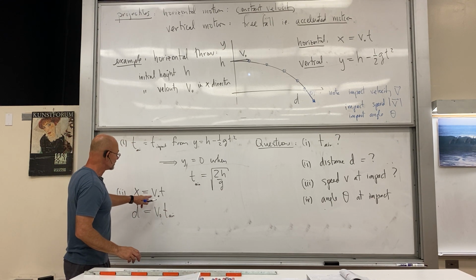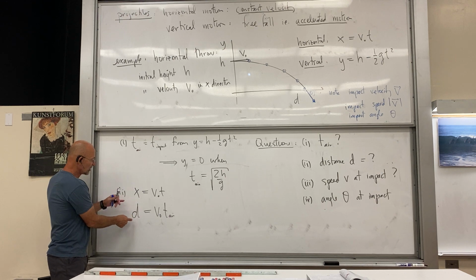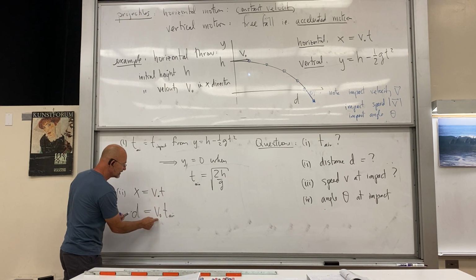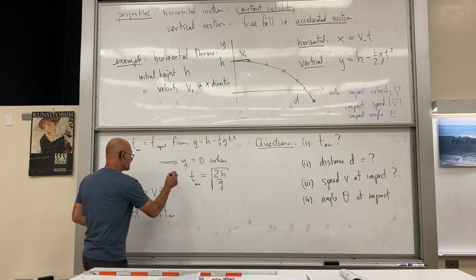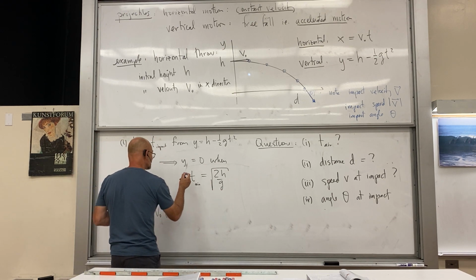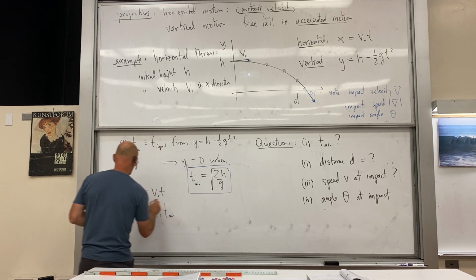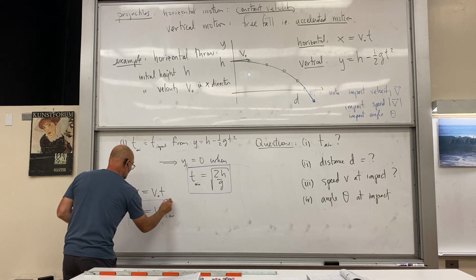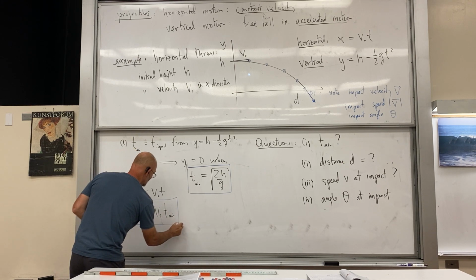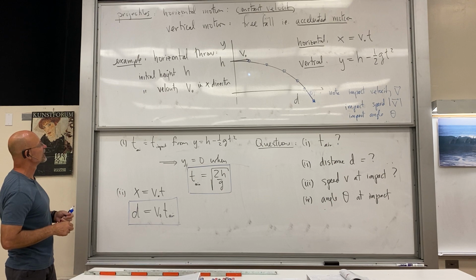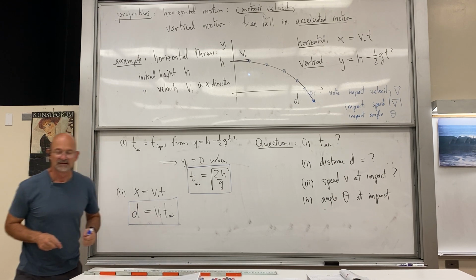This is a general formula. If I want to know how far it goes, I have to say how long it was in the air, v0 times t. I'll put a box around these. These are some great answers. So far, so good.